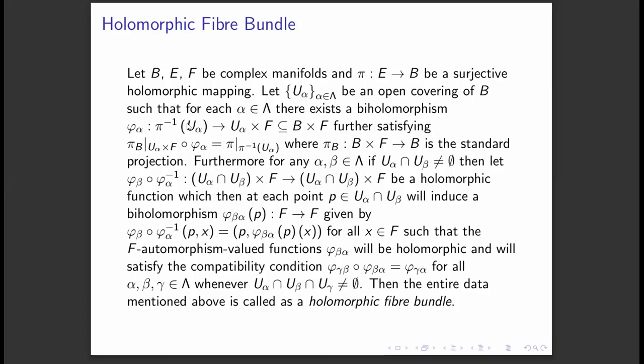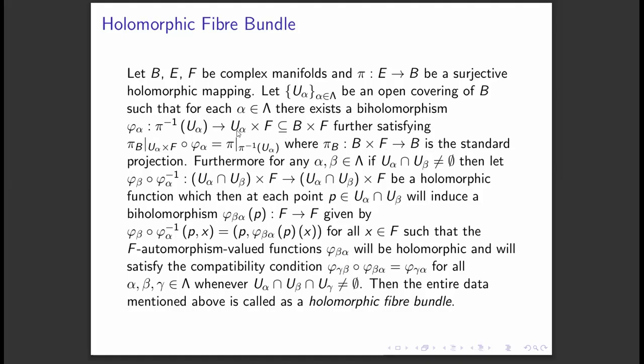This π inverse of U alpha should be biholomorphic to U alpha cross F. This is what it means to say that the bundle is locally trivial. So B cross F over B is what we call the trivial fiber bundle over B, which is just the Cartesian product of B with F.